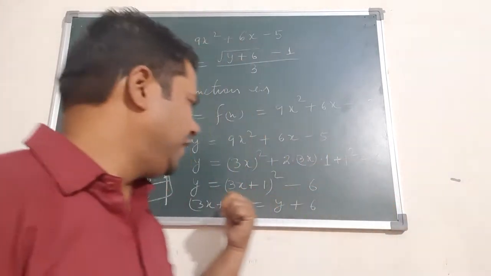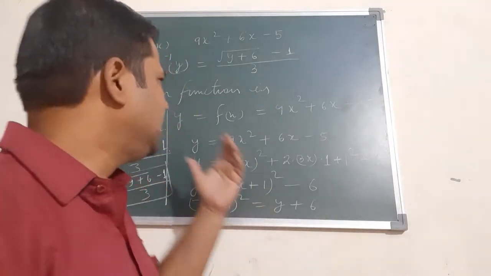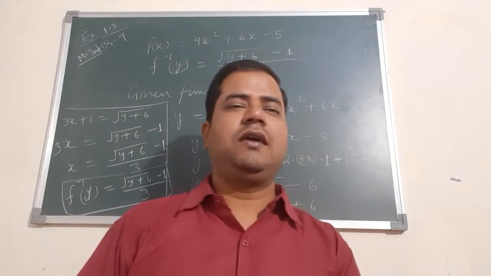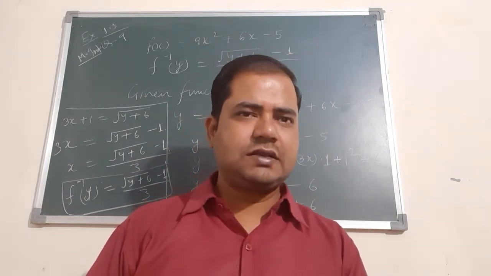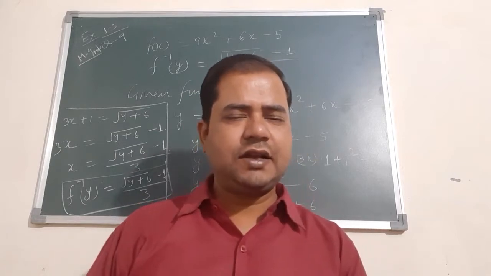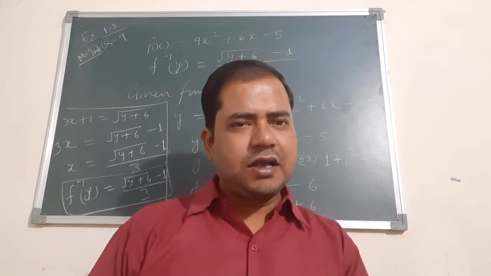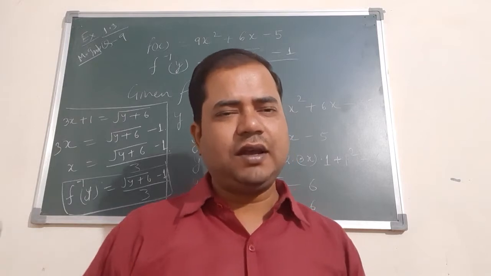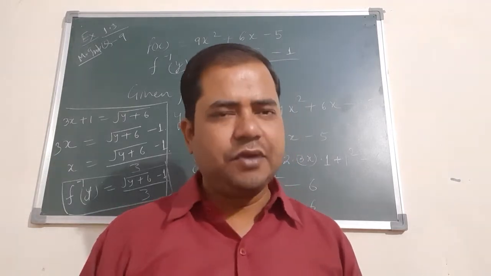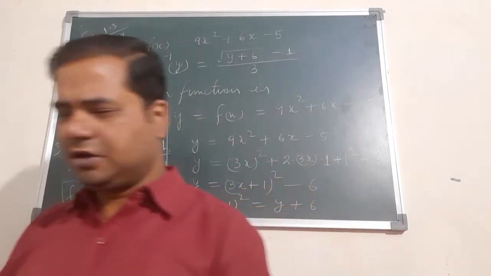First we find the inverse of the function, and afterwards we have to show f composition f inverse is x and f inverse composition f is y. This is the first method. Otherwise you can show this function is one-one and onto, that is bijective, hence it is invertible. So note it down.